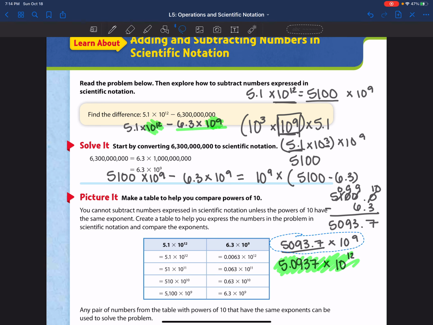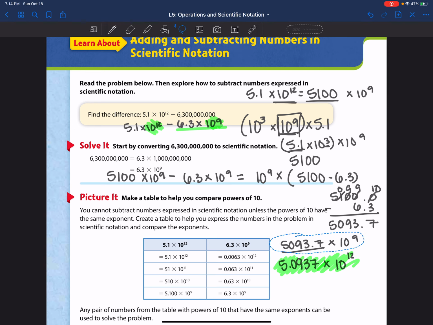So I need to change my first term. So I'll have 7.4 times 10 to the 15th. Let me break up my 10 to the 15th into 10 to the 13th times 10 to the 2nd, because 13 plus 2 is 15, times 7.4.